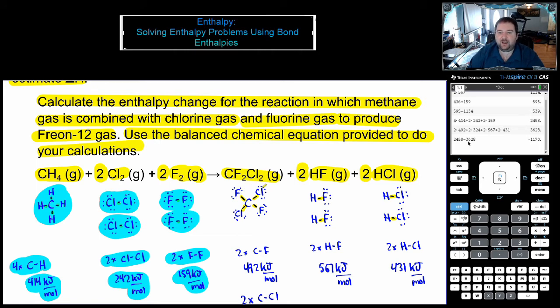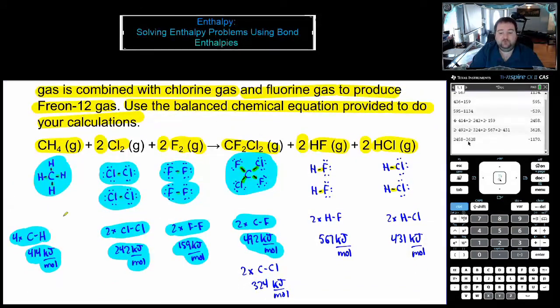Then I have my complicated molecule here, my Freon 12 gas. And I can see here when I draw it out how it would look. And that means that I have 2 carbon-fluorine bonds that have dissociation energies of 492 kilojoules per mole. And I also have 2 carbon-chlorine bonds that have dissociation energies of 324 kilojoules per mole.